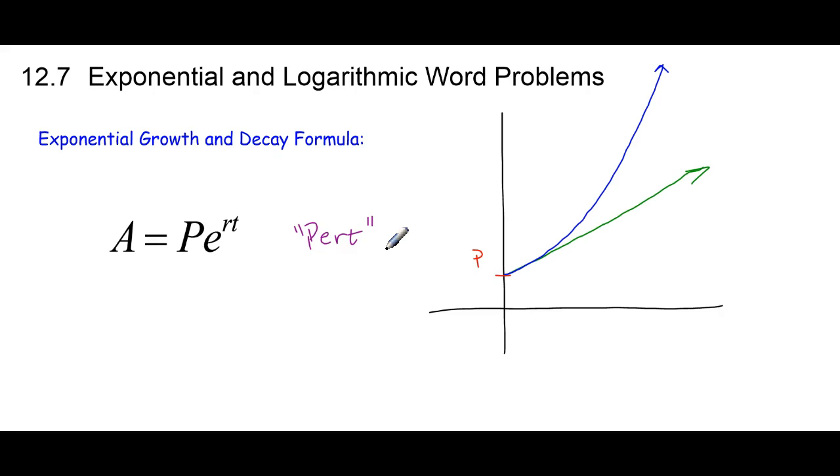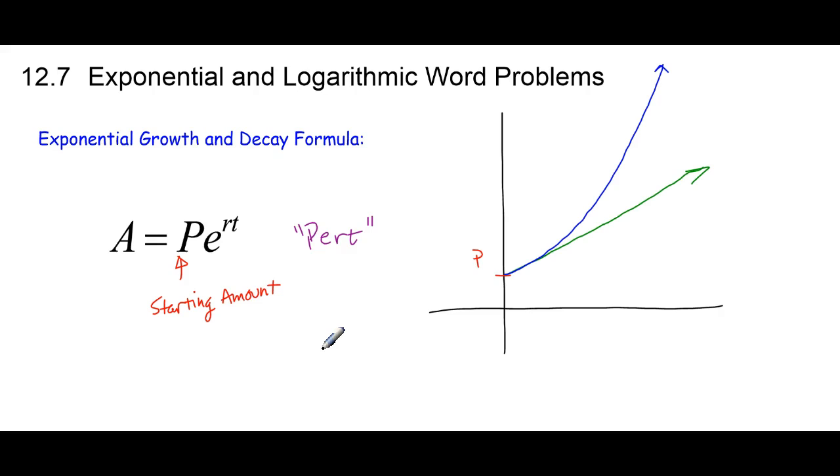But then you've also got to know what the different parts of the formula represent. The big capital P in PERT, that stands for the starting amount. And when I say amount, you could be talking about an amount of money. You could be talking about a population, for P for population.